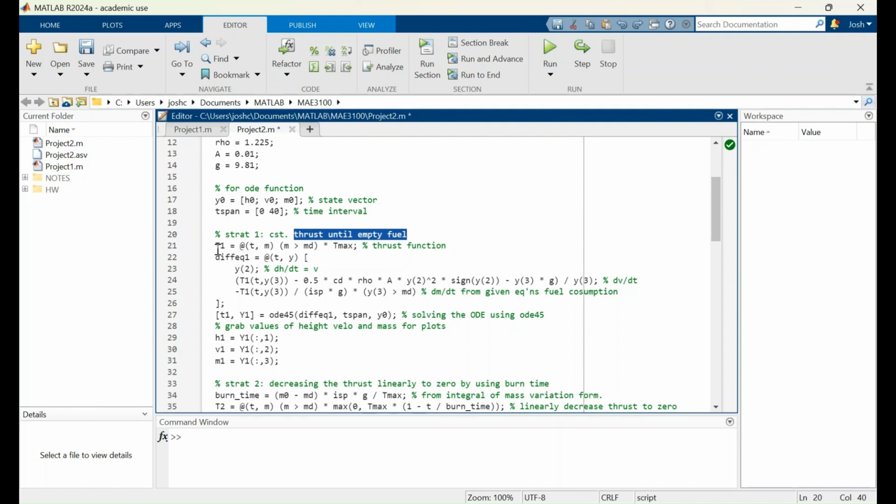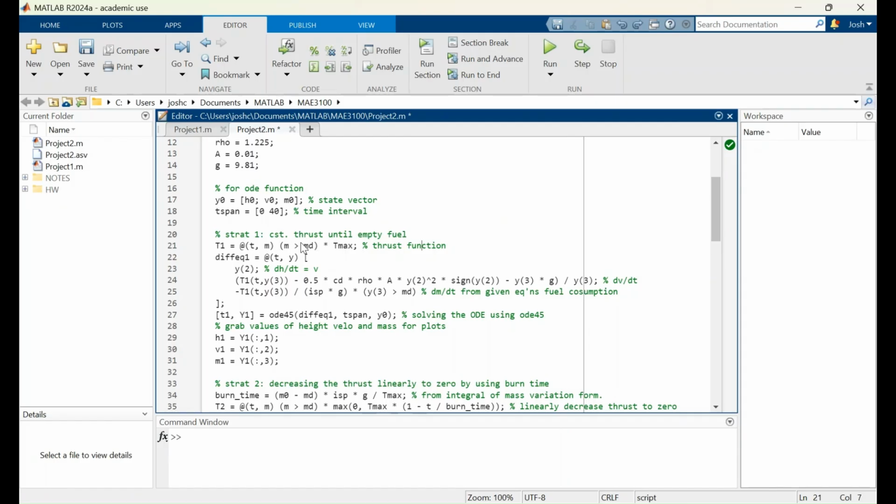Without any throttling, it's just constant. If you burn fuel until it's empty, that gives you the most thrust and impulse and the least amount of mass, because you empty out the fuel. That is going to be the most optimal method to get the highest altitude. So that's my first strategy.